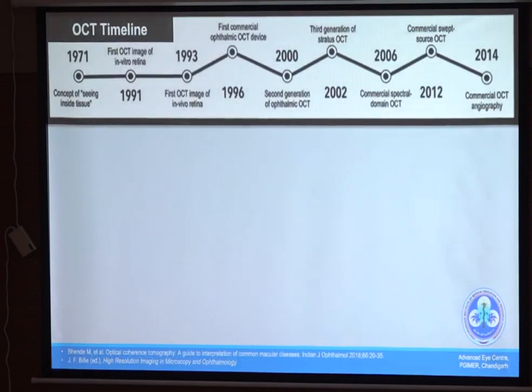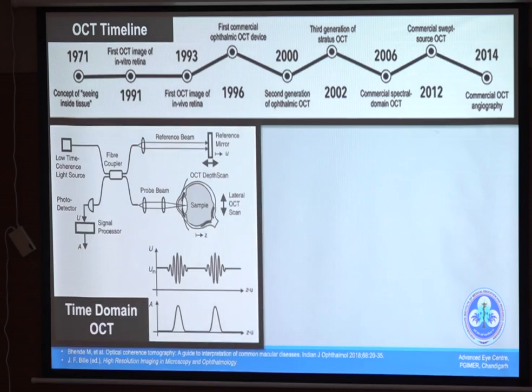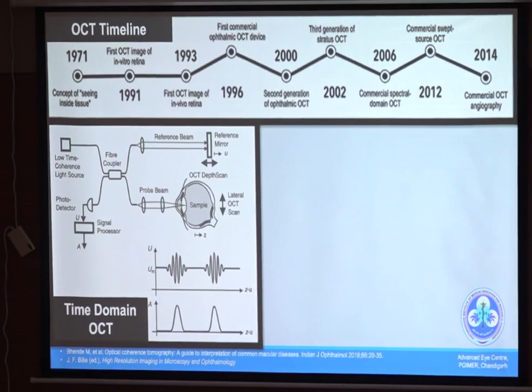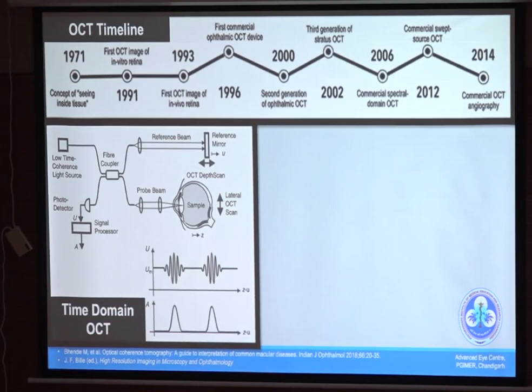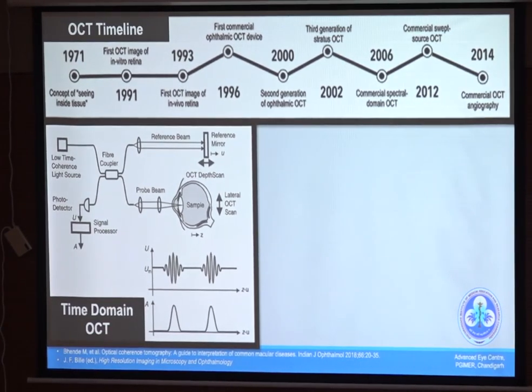This is a short timeline of the OCT that we have had. The 1990s was the time when we first got to see cross-sectional images of the retina in vivo on OCT. And after that we have come 3 generations further from time domain, spectral domain, swept source, and now OCT angiography also. So time domain, just a basic concept. It used a reference arm and the human eye and measured, kind of like the ultrasound, the time taken for the waves to come back, and then measured the depth of the tissues and generated the cross section from that.